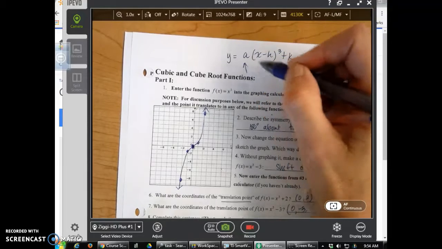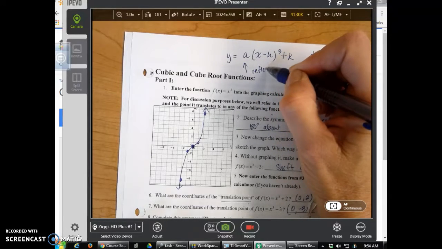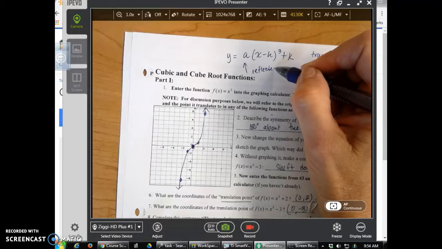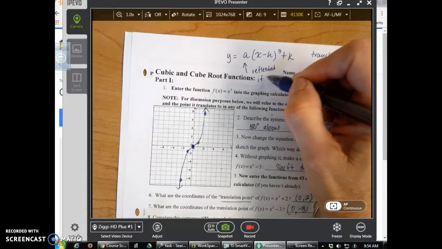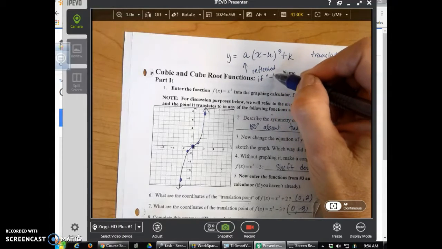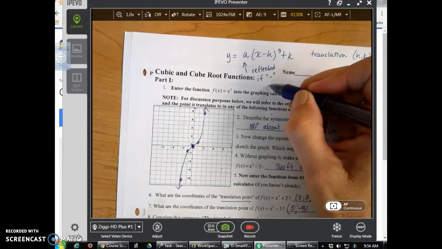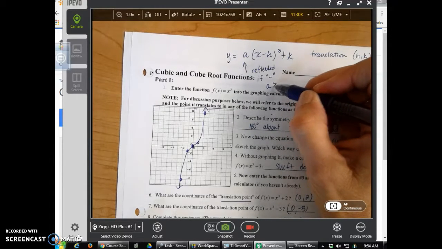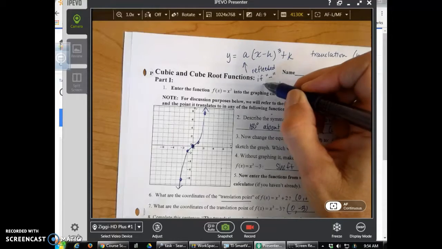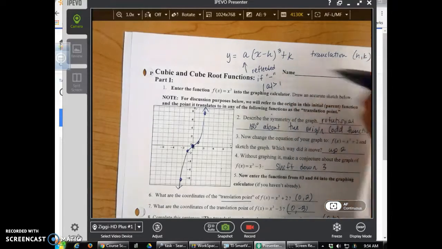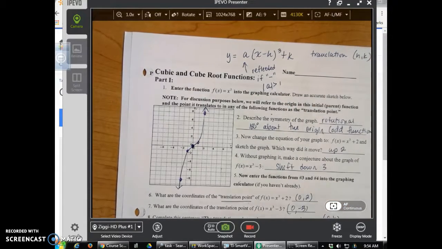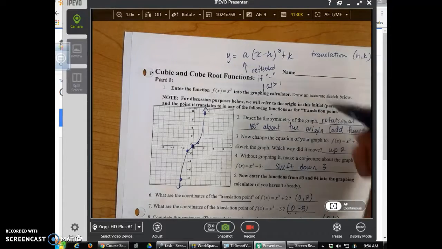So a is going to imply that you reflect if negative. And I'm just going to say the absolute value of a. So if it's a negative 2, for example, it's reflected and it's stretched.